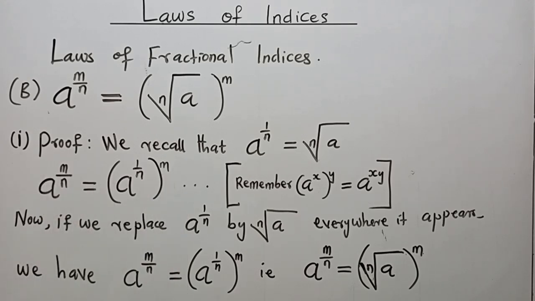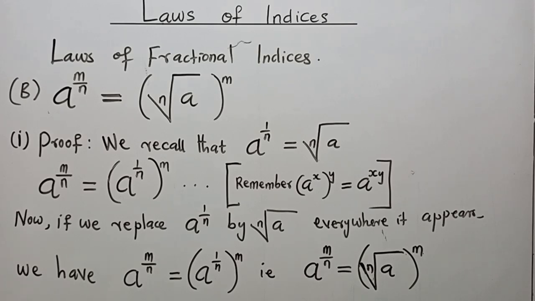Let's proceed. We now recall that a to the power 1 over n, this which is equal to what we have here, has already had its own meaning before this point. The meaning it had, based on the first law we had just a short while ago, is nth root of a. It means that this alone has its own meaning. Its meaning is this. The two are interchangeable.